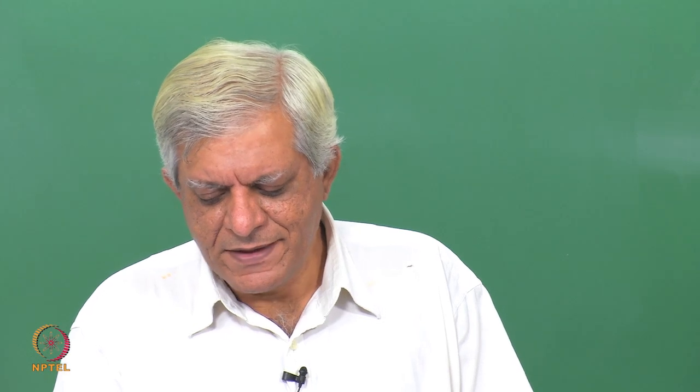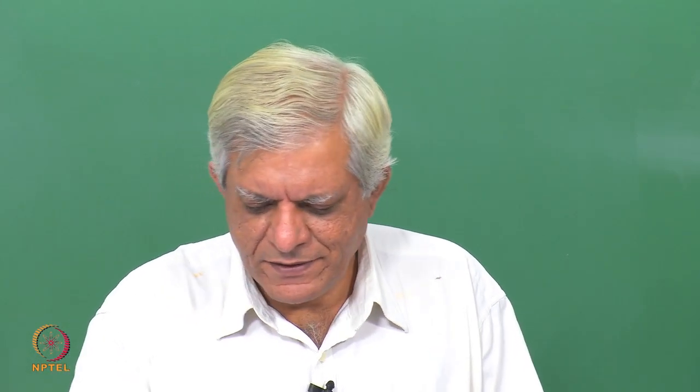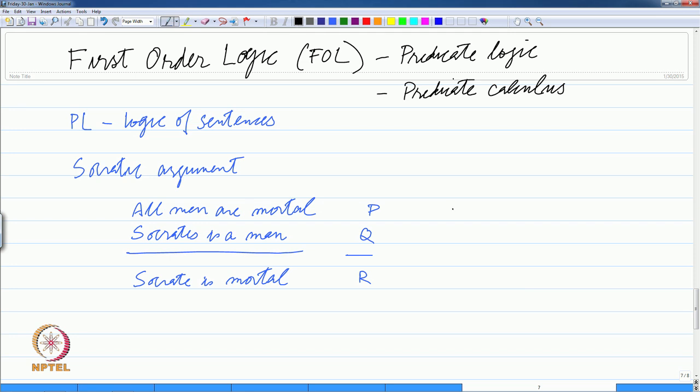And at that point we had also mentioned that in first order logic what you would end up writing is in the language something like this. So, our given statements would have been these two statements.